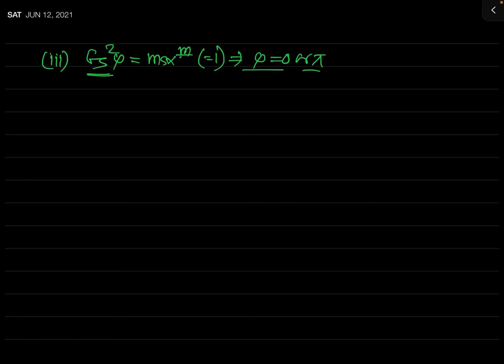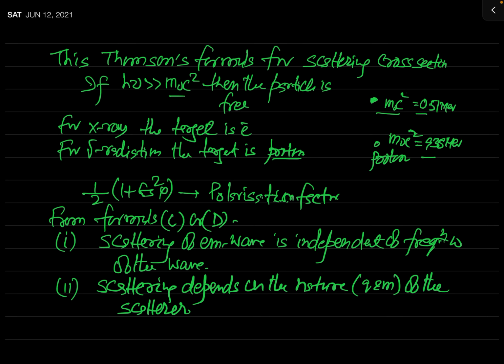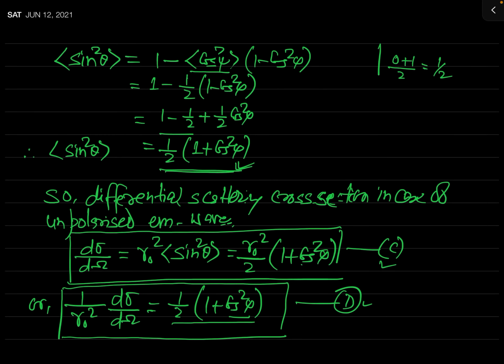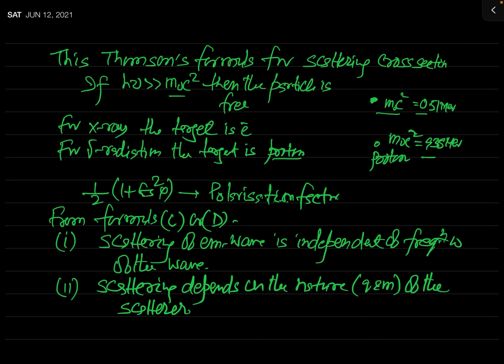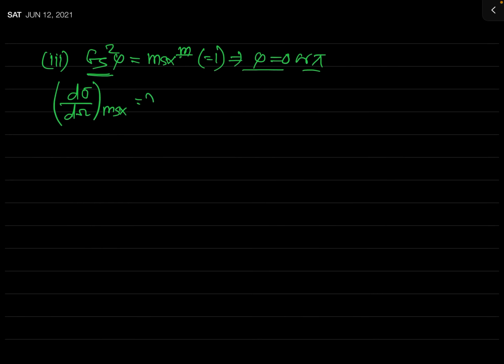So what will be the maximum value of d sigma by d omega? For this we simply take cos square phi equal to 1. When you take this equal to 1, this will be 2, and this 2 will cancel out, and this will be simply r0 square.